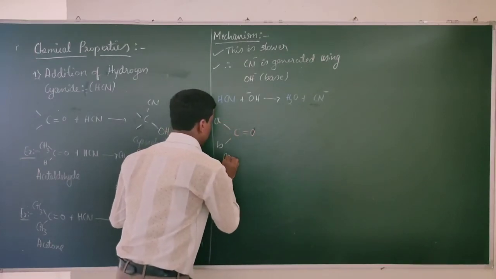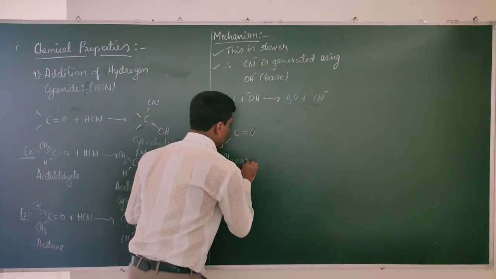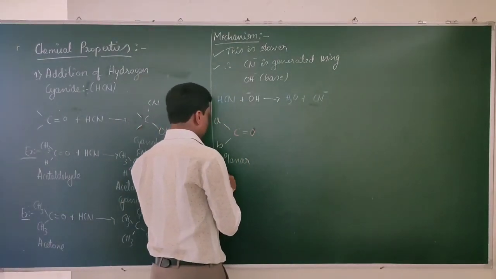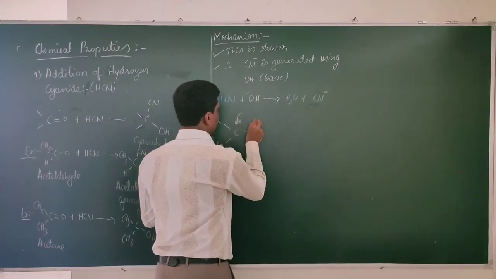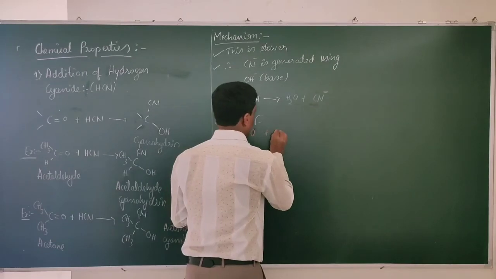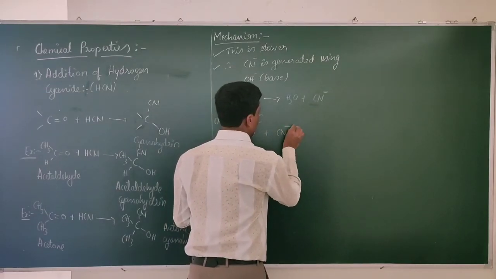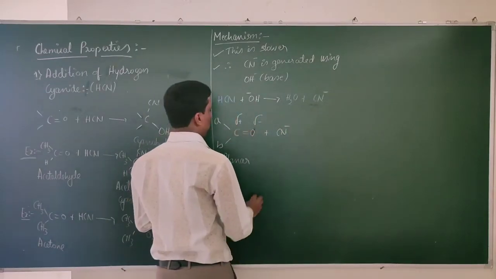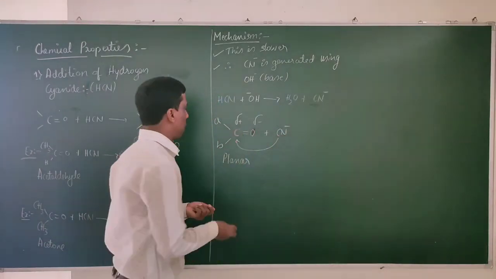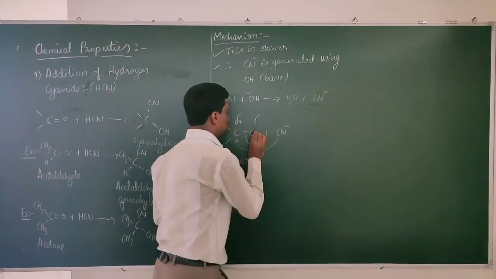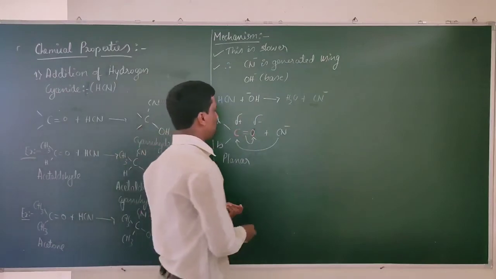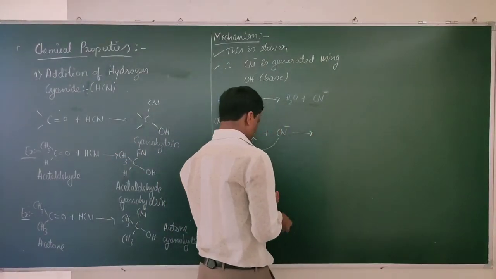This is planar in nature. Okay? You all know that this carbon is carrying a partial positive charge and this oxygen is carrying a partial negative charge. Now, this will react with the CN minus. Okay, what happens? The CN will attack the carbon and this double bond will shift to oxygen. Then this planar structure will change into tetrahedral.